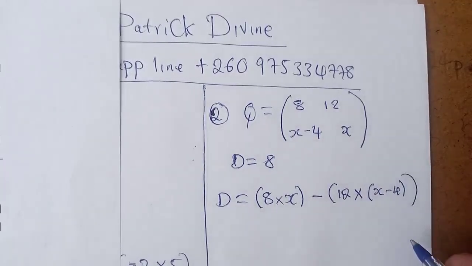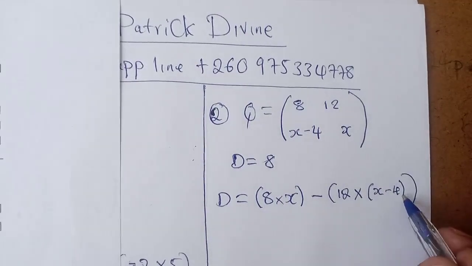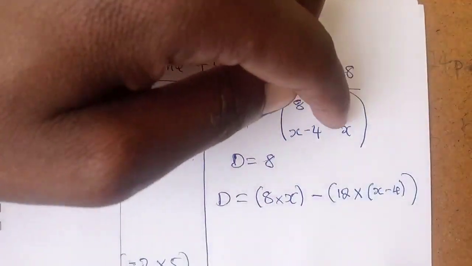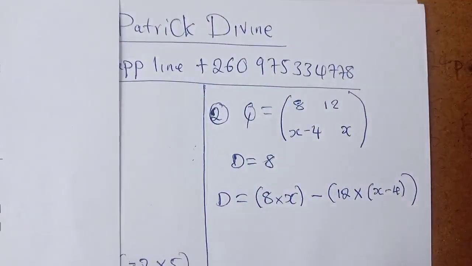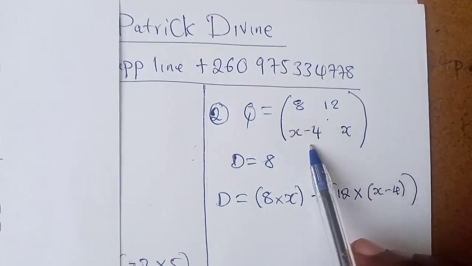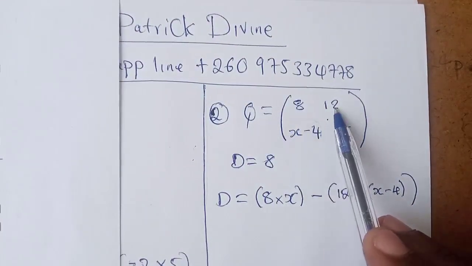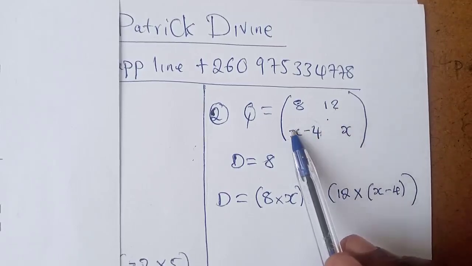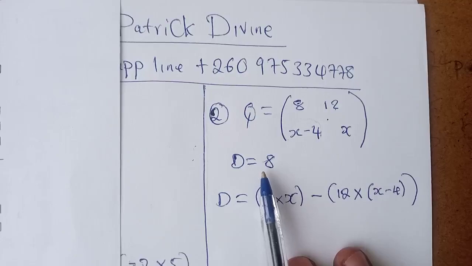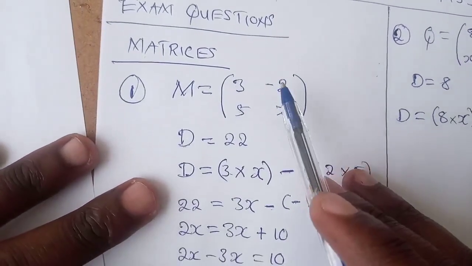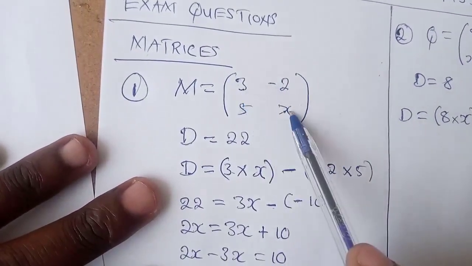A lot of people will be confused by this. The 12 is multiplying with everything here. It is not only multiplying with 4 or just this one. If you remember, we multiplied 3 times this one.